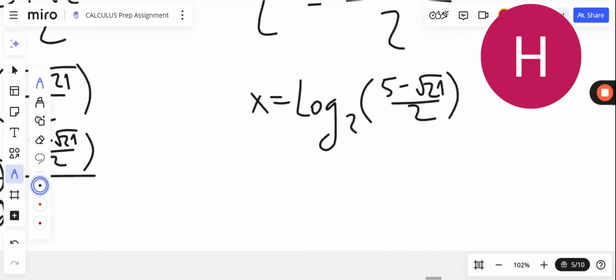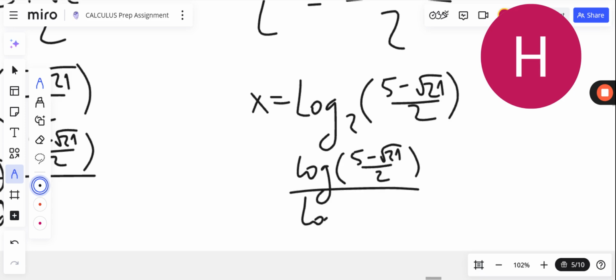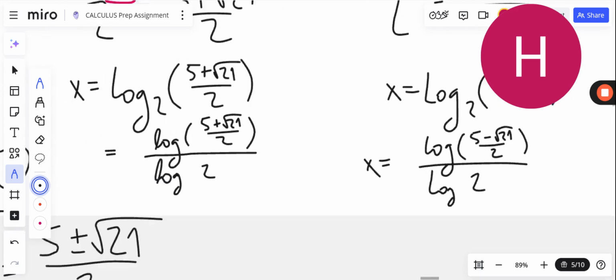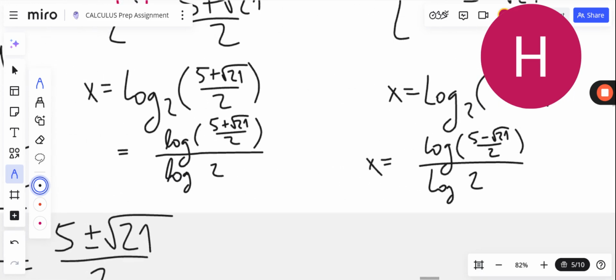And similarly, we'll have log base 2 of 5 minus square root of 21 all over 2, and we'll divide that by log of 2. Now, calculators these days allow you to use whatever base you'd like. So go ahead and plug that into a calculator.